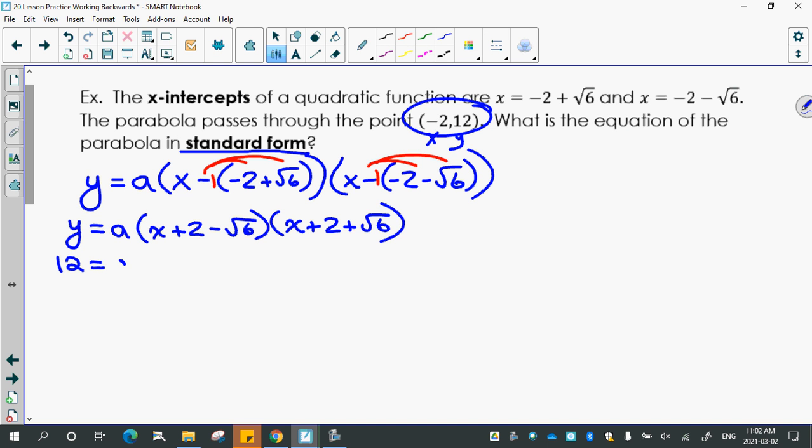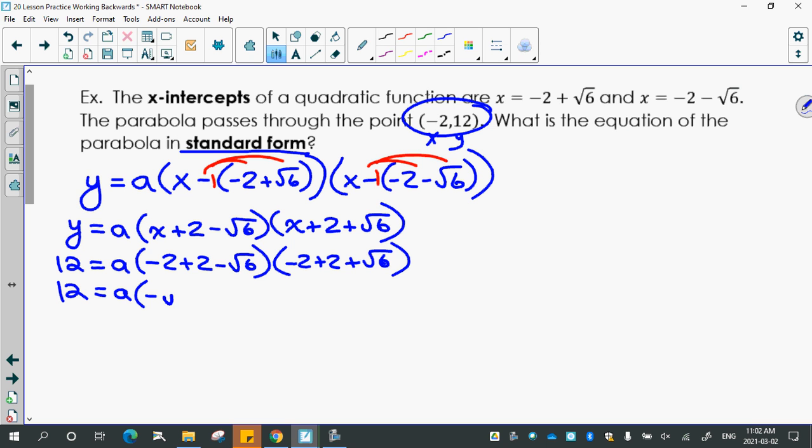So 12 equals A times (-2 plus 2 minus root 6) times (-2 plus 2 plus root 6). -2 plus 2 is 0. So in this bracket, I'm just left with -root 6. And in the other one, I'm just left with positive root 6.